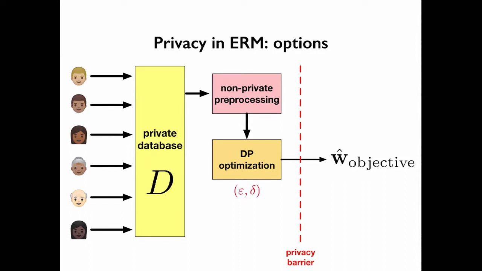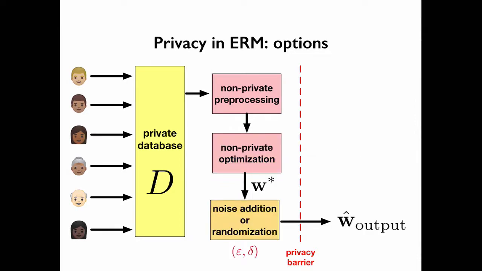Objective perturbation would involve doing my pre-processing in a non-private way, and then changing the optimization problem, introducing some noise there, and then solving that and publishing that across the privacy barrier. And finally, if I want to do output perturbation, I'll do the pre-processing and the optimization in a non-private way, and then I'll just introduce some noise or perturbation at the end, and then I can publish that across the privacy barrier.